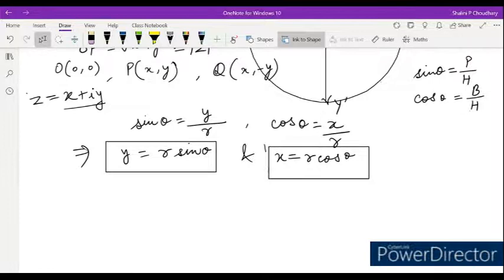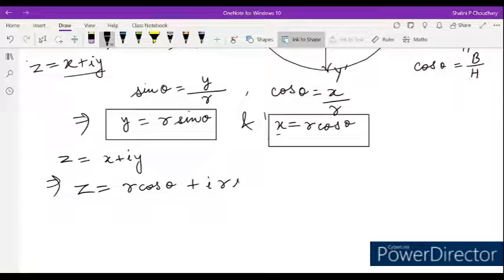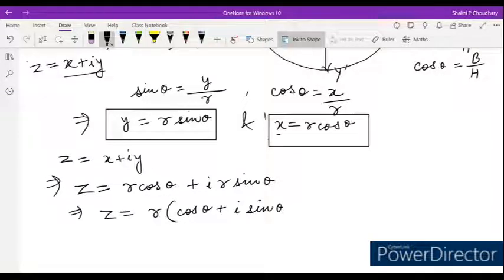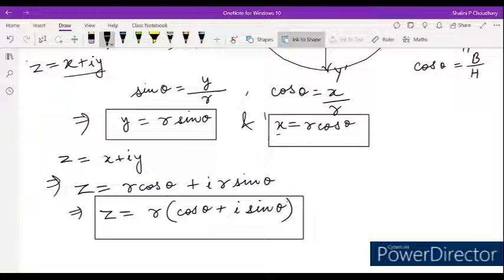So how can we write z? z is equal to x plus iy, so we can write z is equal to r cos theta plus i times r sin theta, because x is r cos theta and y is r sin theta. Now we take r common, so z is equal to r(cos theta plus i sin theta). When we write z in this form, it is called the polar form of a complex number.